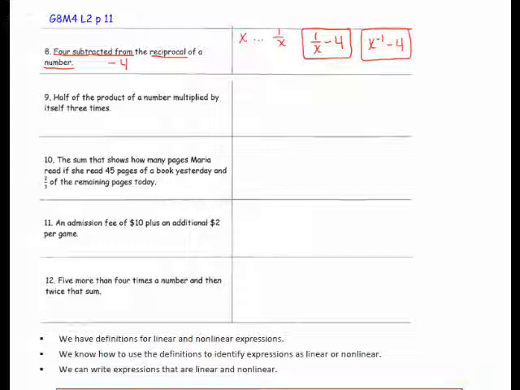So this would be what kind of an equation? It would be nonlinear. How do you know? The exponent is other than 0 or 1. So it is a nonlinear expression. Pause the video and complete problem 9.